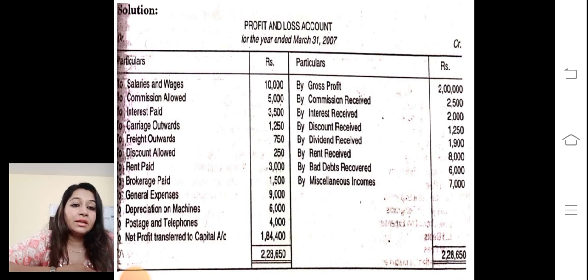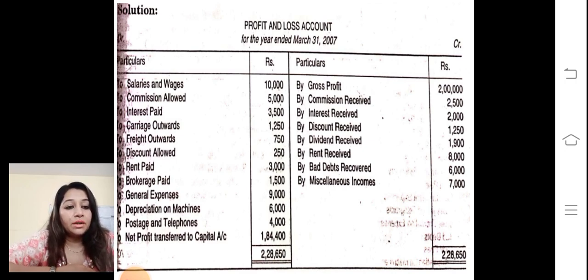On the other hand, by commission received, interest received, discount received, dividend received, rent received, bad debt recovered, and by miscellaneous income, these are the indirect incomes of the company, so they will come in the right hand side of the profit and loss account.